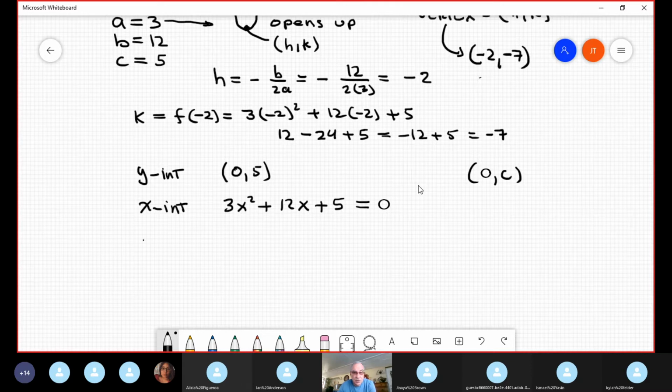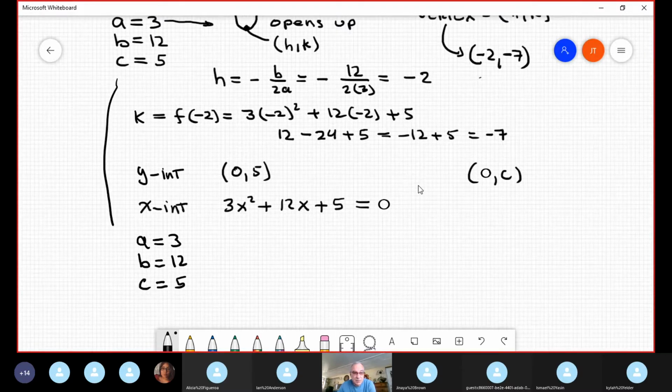I apply the quadratic formula. So A is 3, B is 12, and C is 5. You apply the quadratic formula.